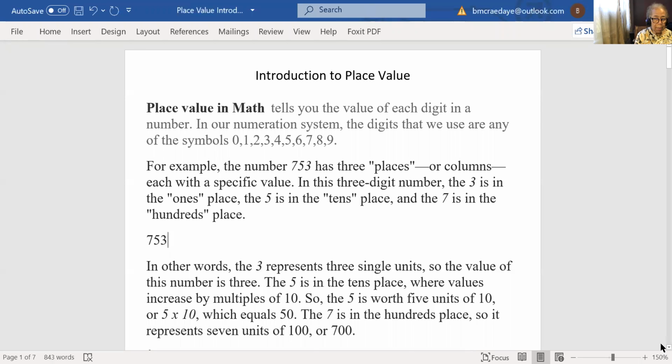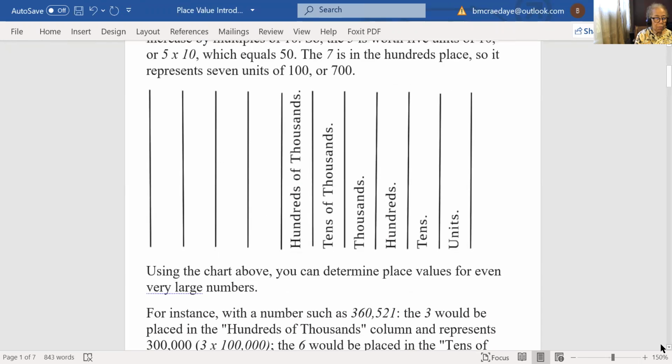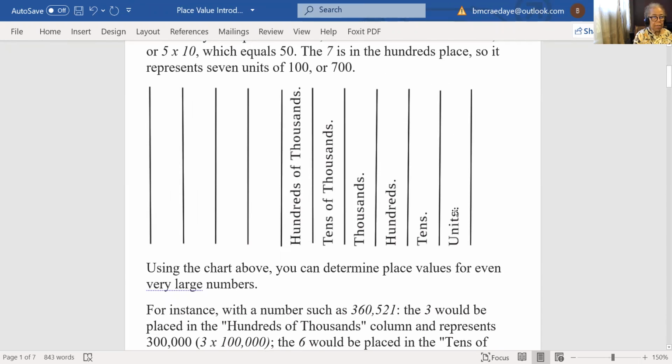Okay, now let's look at a chart. Now notice the chart here. This one does not have decimals. We're just dealing with the whole numbers here. You have units, next to it tens, hundreds, thousands, tens of thousands, hundreds of thousands.